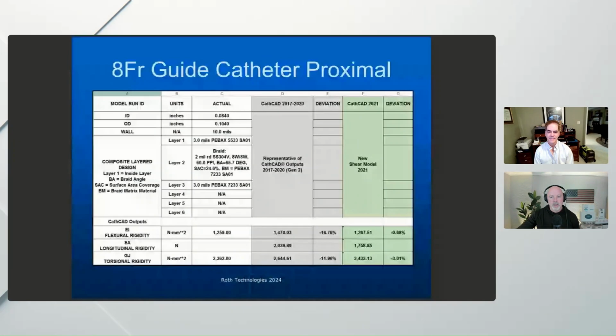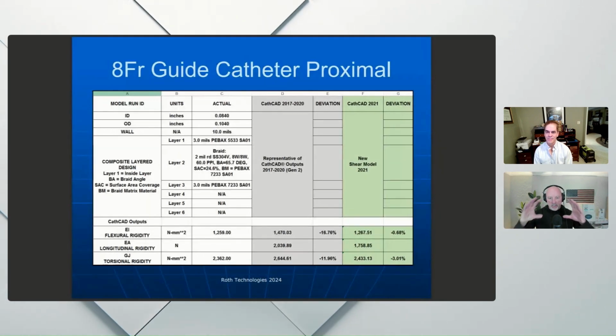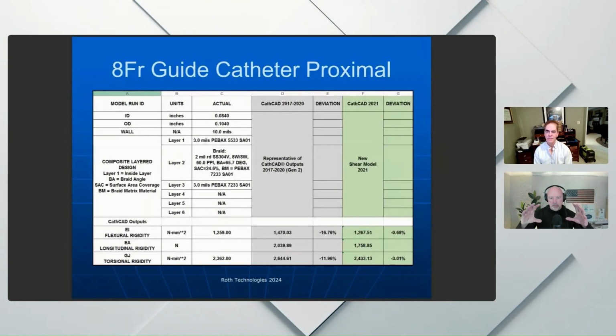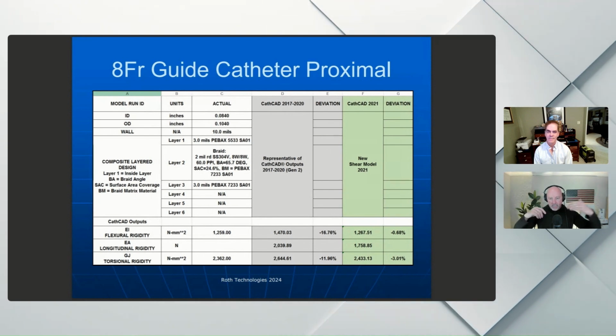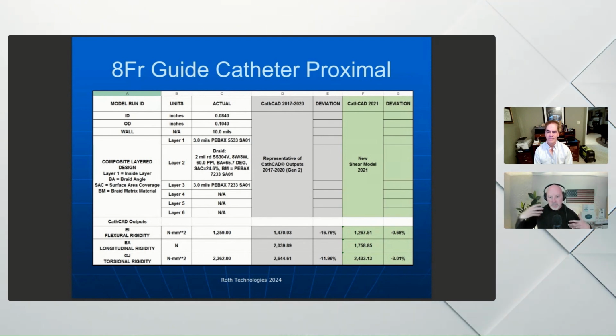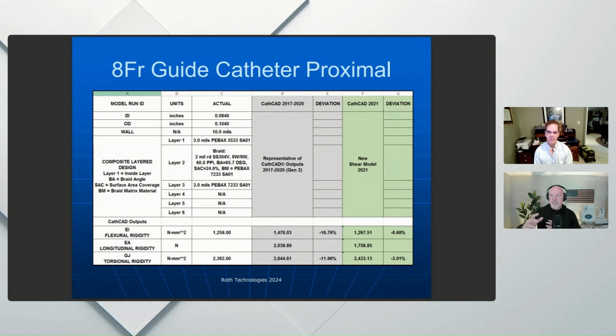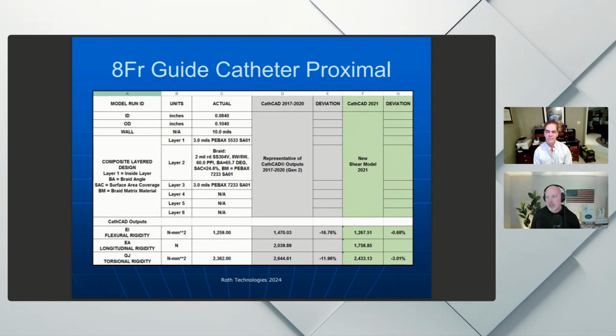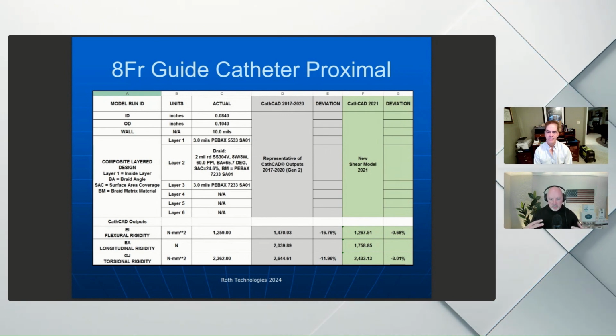Excellent. Yeah. So what we're going to do is go through an example of a construct of a composite catheter, look at the parameters, tensile strength, torque, kink resistance, flexibility, and then change the parameters and look at that construct to see how the difference is. But before we do that, I noticed on the slide deck that you sent me, you've made some iterations over the years to the software.